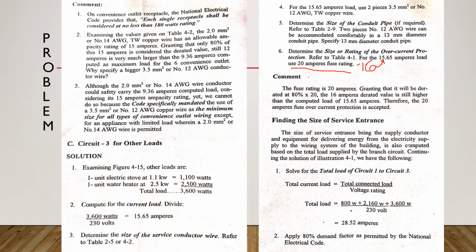Okay. So, yung comment ng ating NEC, the fuse rating is 20 amperes, granting that it will be derated again sa derated ng 80%, which is meron tayong 16 amperes derated value, is still higher, pero borderline na nga, dun sa ating computed load na 15.65. Pero, therefore, the 20 amperes fuse over current protection is accepted.